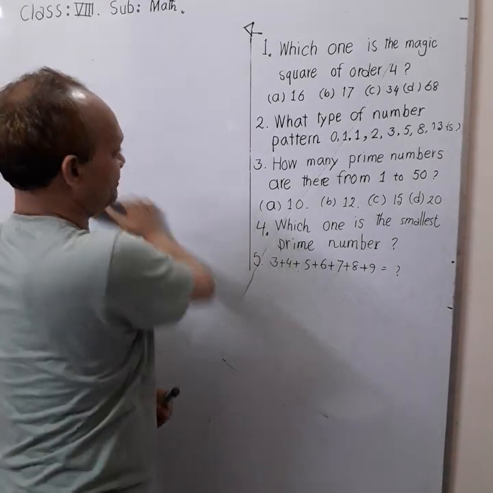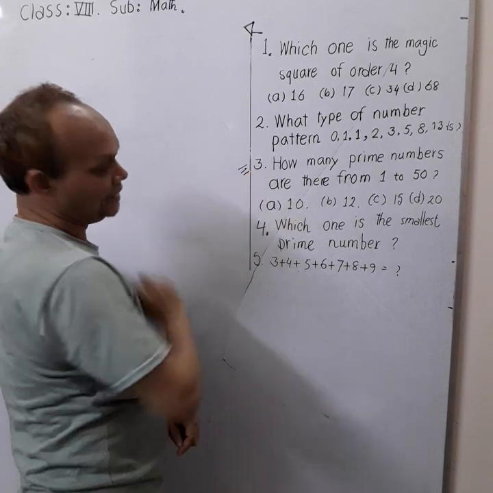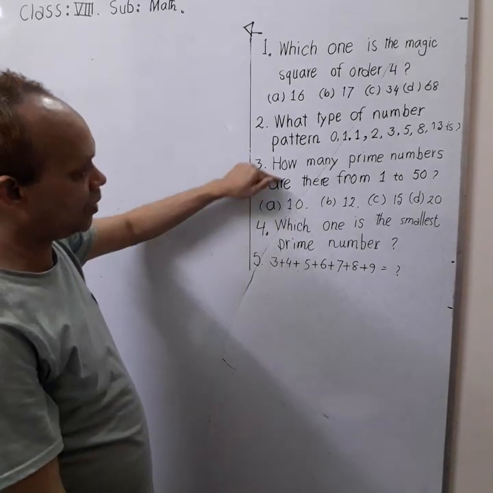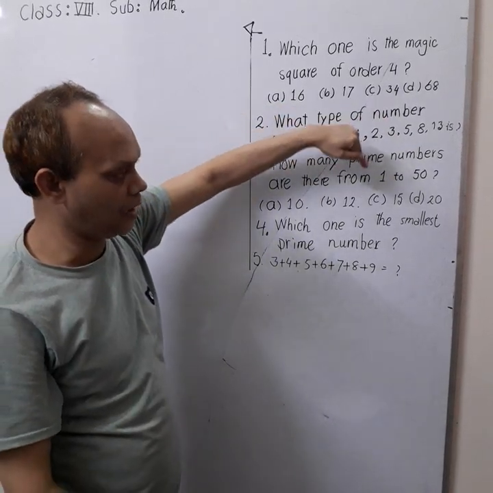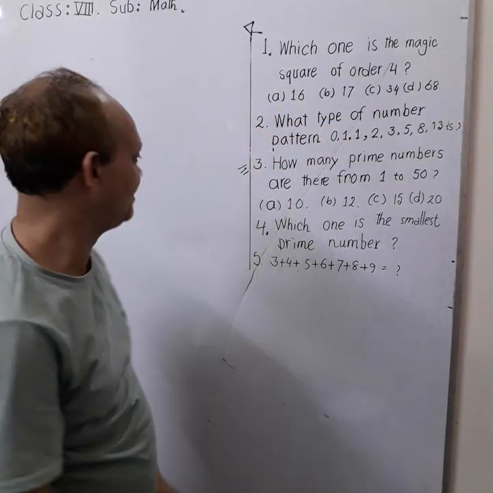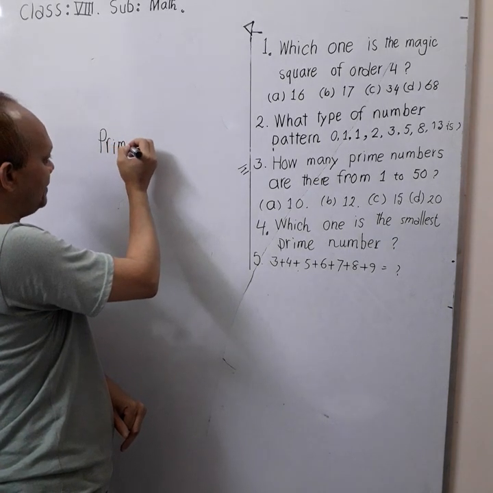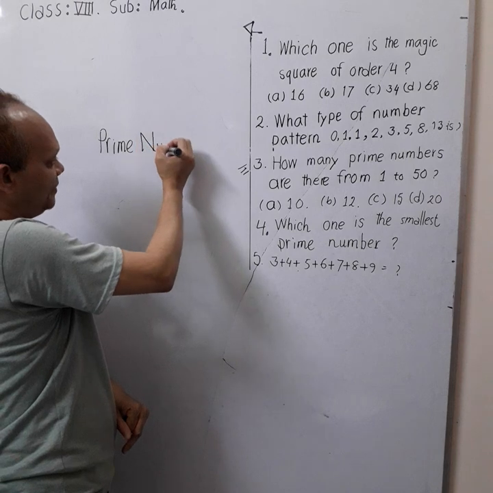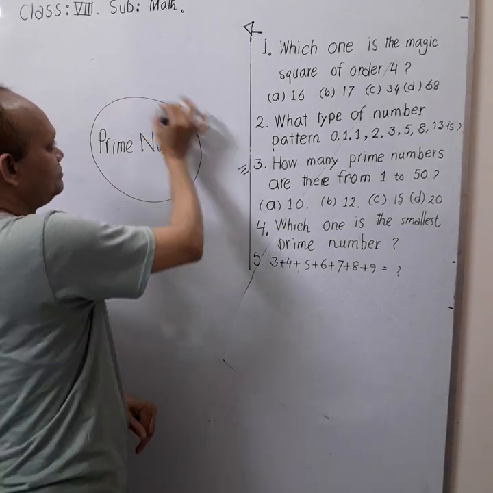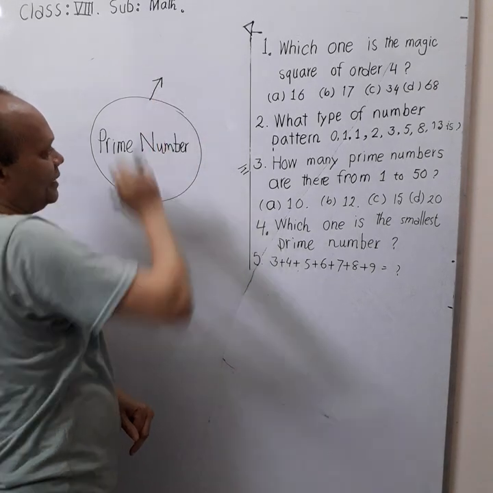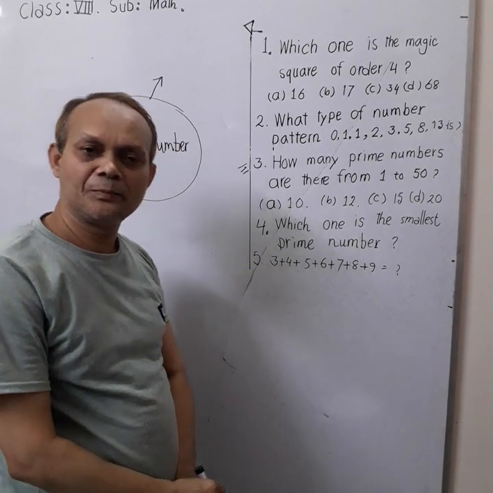Now let us think about number 3. In number 3, how many prime numbers are there from 1 to 50? Prime numbers. Now let us first think about actually what will be the prime number.